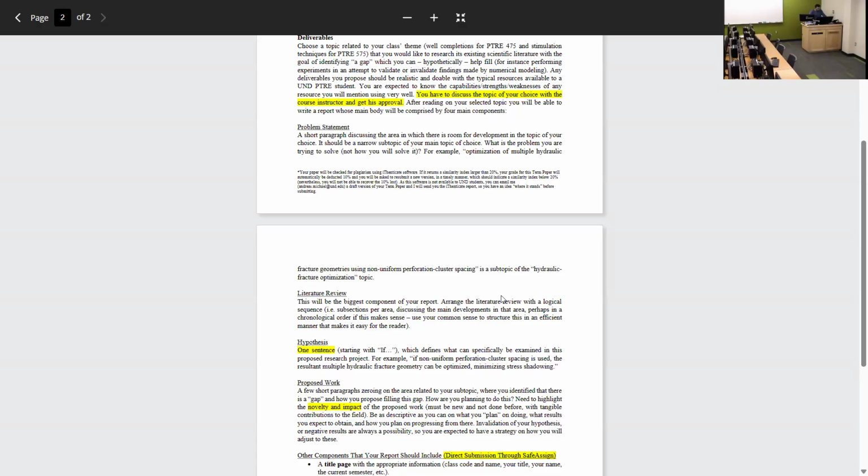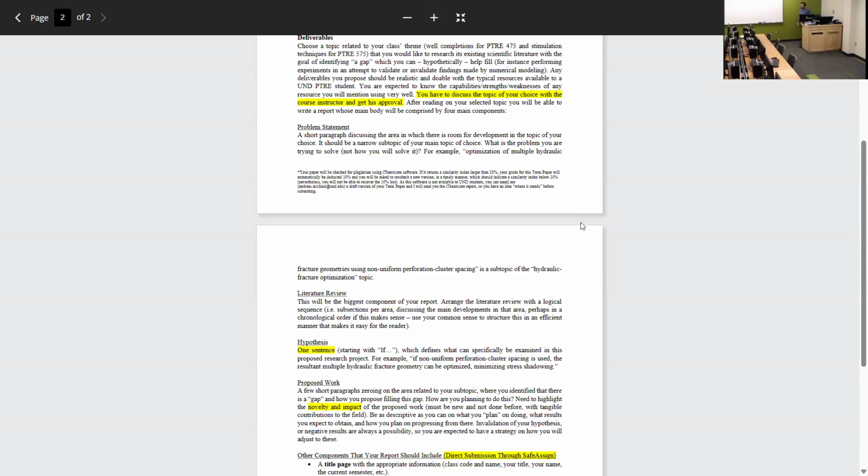Hypothesis: one sentence starting with if, which defines what can specifically be examined in this proposed research project. For example, if non-uniform perforation cluster spacing is used, the resultant multiple hydraulic fracture geometry can be optimized, minimizing stress shadowing. That was my hypothesis from 2016.